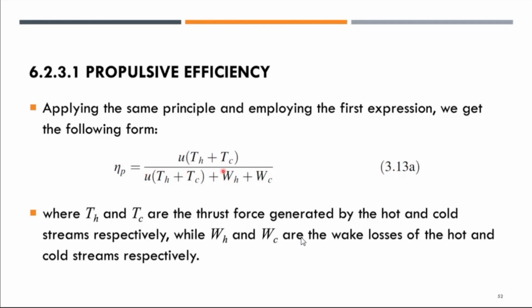So instead of having one type of temperature, now we have hot temperature and cold temperature, right? This is what we can express for turbofan or turboprop, prop fan type of engine, 3.13a, where TH and TC are the thrust force generated by the hot and cold stream respectively, while WH and WC are the wake losses of the hot and cold stream respectively.